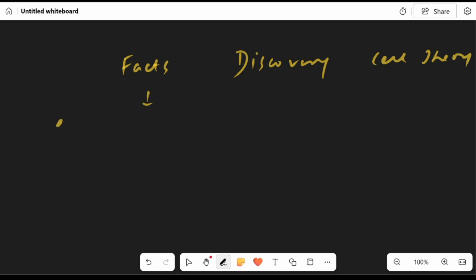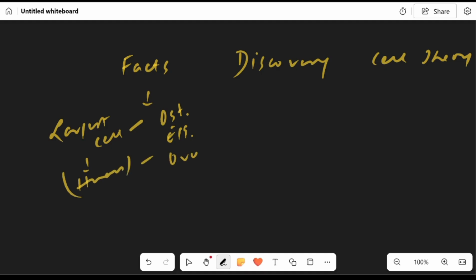So, which is the largest cell? On this particular earth, it's the ostrich egg. The largest cell in humans is the ovum or egg.